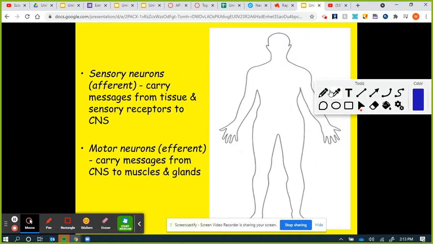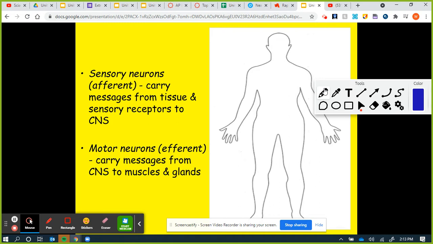There are three types of neurons in the nervous system. There are sensory neurons, or afferent neurons. Make sure that you know they love using the terms afferent and efferent.